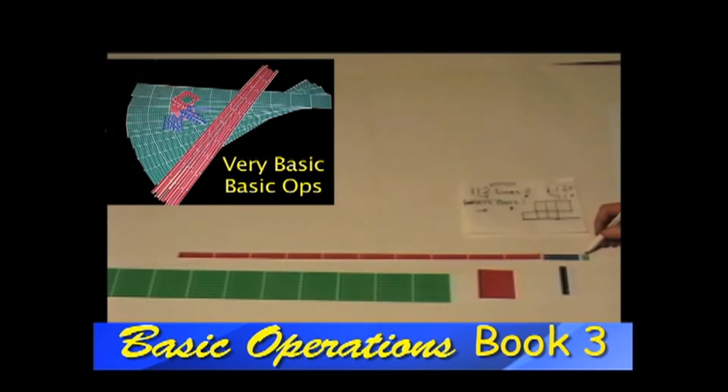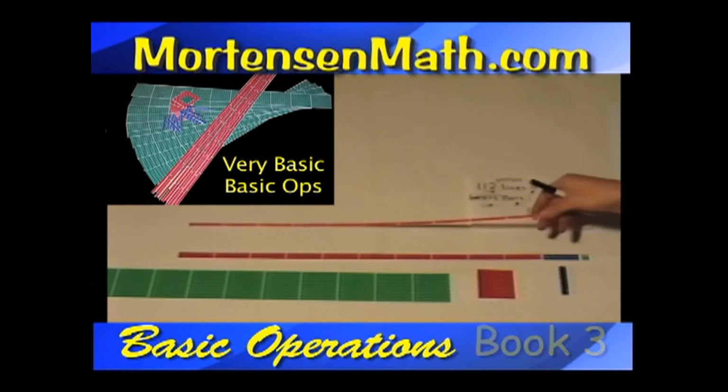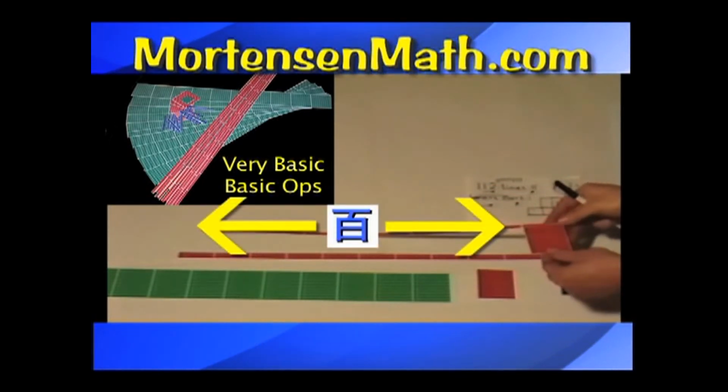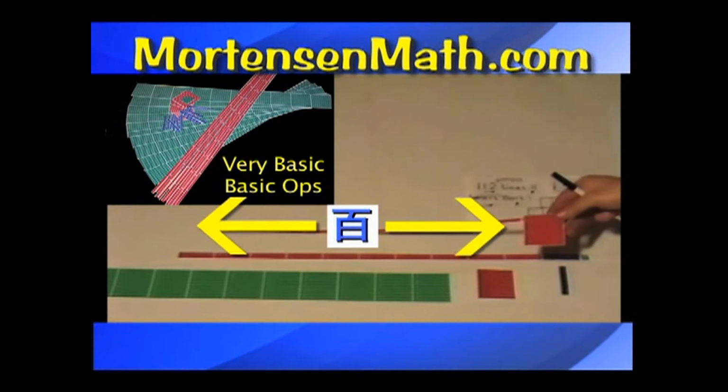Here we have 2 twice, 4 units. Here we have 1 rectangle, 1 ten twice, 1 twice is 2. Here I have 1 long hundred, which is made up of 10 bars, just like our square hundred.